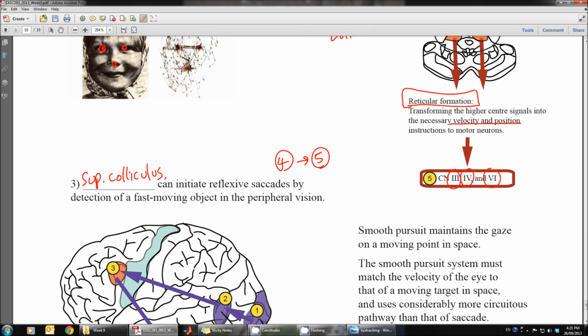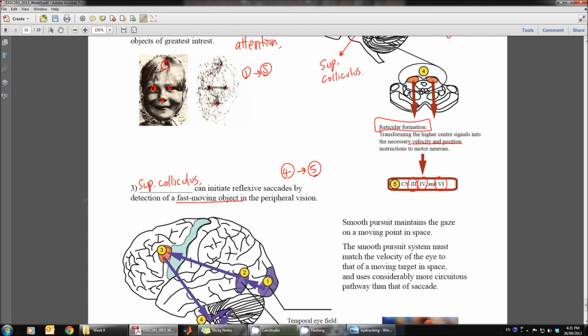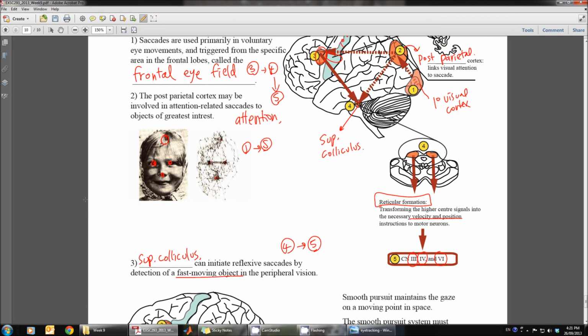And this works when you see a fast moving object in your periphery, and you can automatically direct the gaze to the object, and that's reflexive saccades done by the superior colliculus. So those three are the pathways for the 3 types of saccades: voluntary, subconscious attention related control, and thirdly reflexive control.